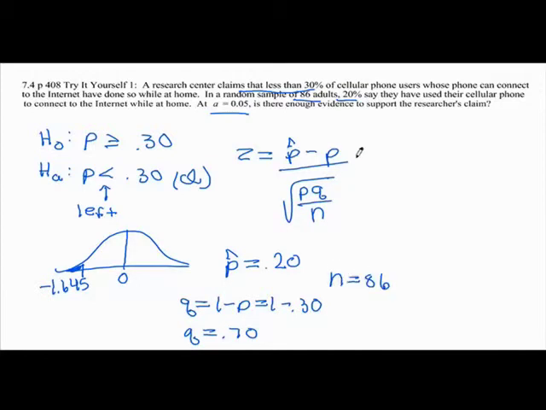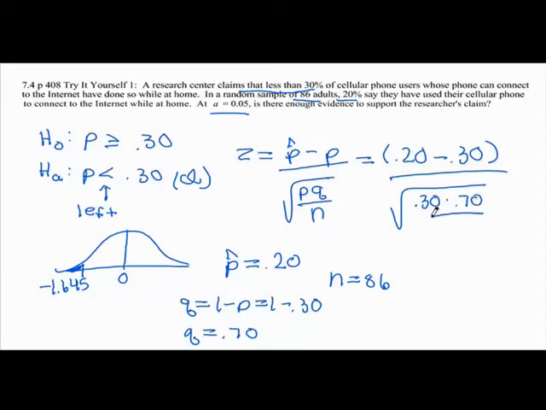So we're going to stick those all in there. So our p hat is going to be the 0.20 minus our p, which is 0.30, divided by the square root of pq. So that's going to be 0.30 times 0.70 divided by your n, which is the 86. So let's put that in our calculator.